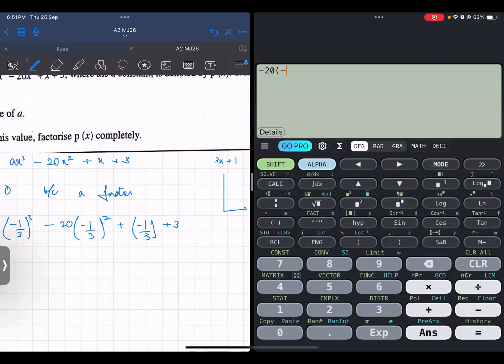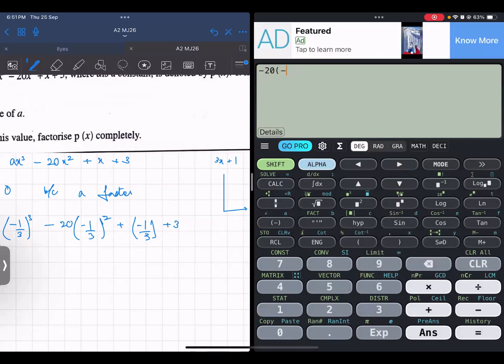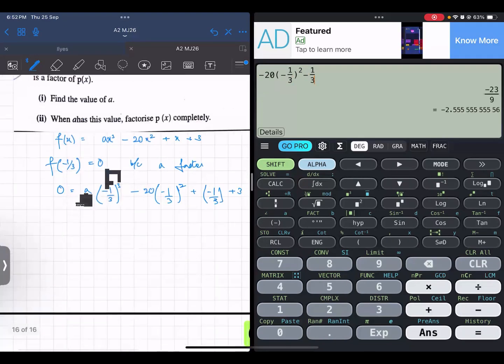Negative 20 times negative 1 upon 3 whole squared, and then minus negative 1 upon 3. So negative, and then you have plus 3 as well.